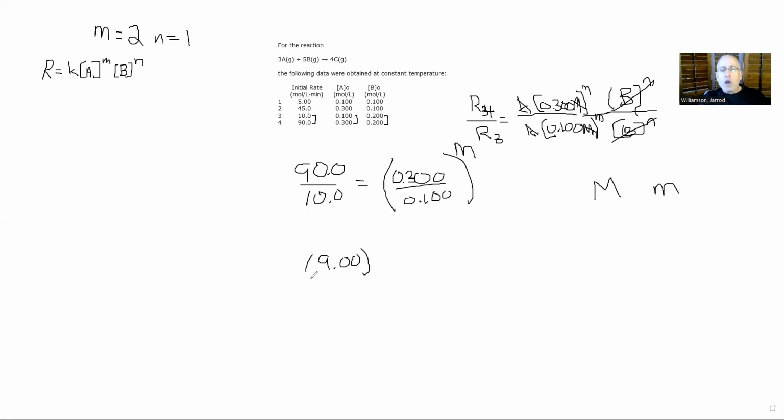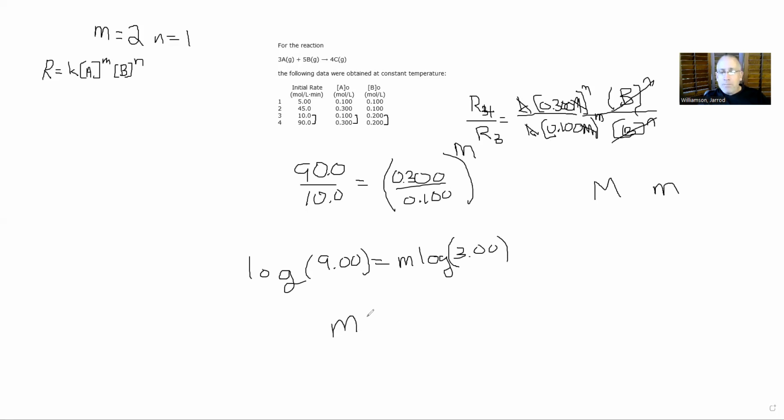Now I take the log of, see, 90 divided by 10 is going to be 9.0. And I'm going to take the logarithm of that. That'll be equal to m times log of 0.3 divided by 0.1, which is 3.0.